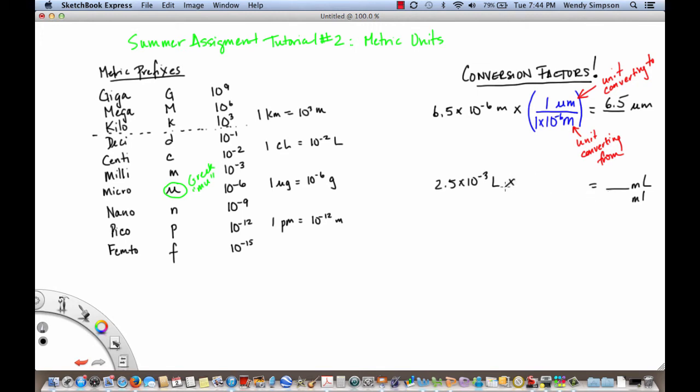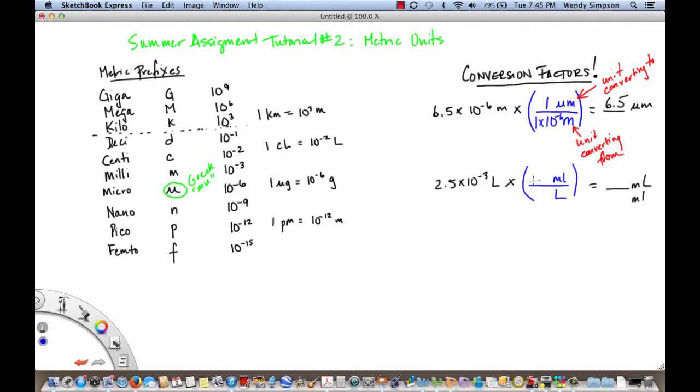So now I want to use my conversion factor. I'll put that in blue just to emphasize it. Remember that my numerator are the units I'm converting to, so this would be milliliters, and the denominator are the units I want to cancel out, so that would be liters. Okay, and I know from my chart I need milli.